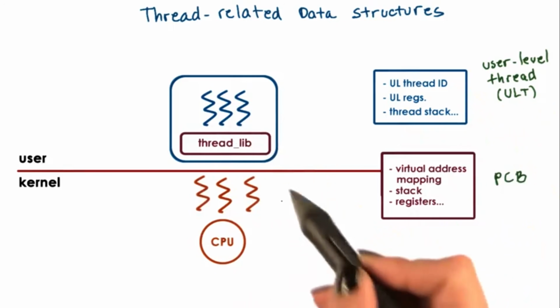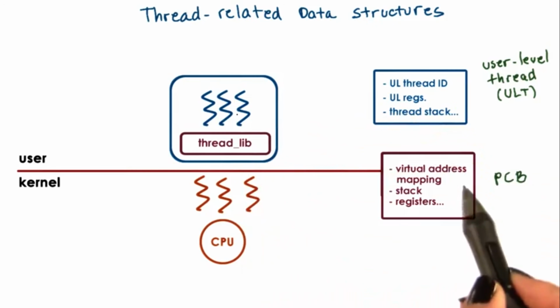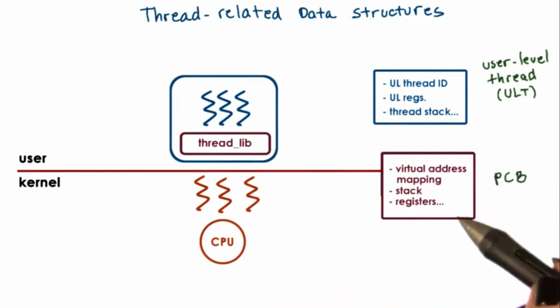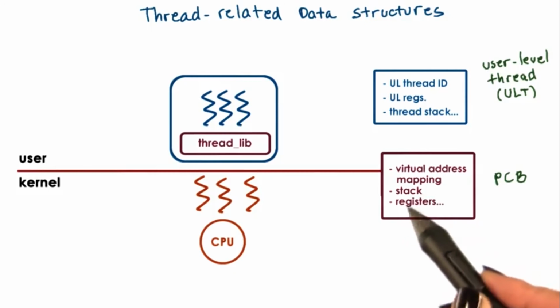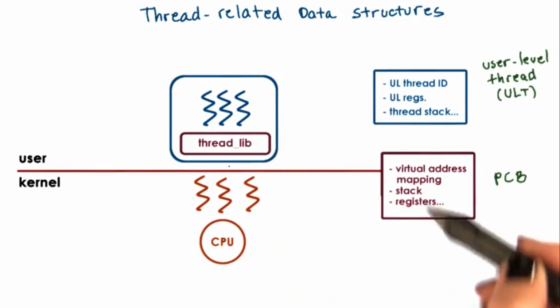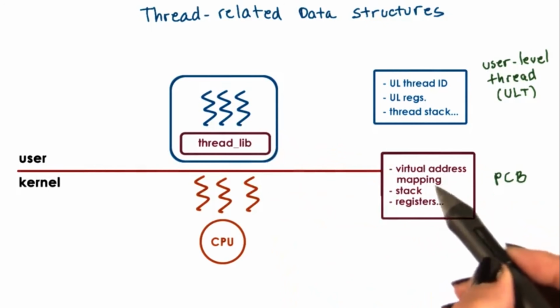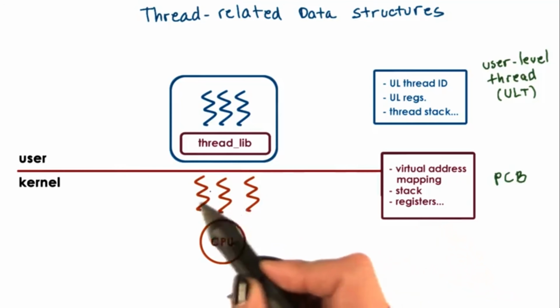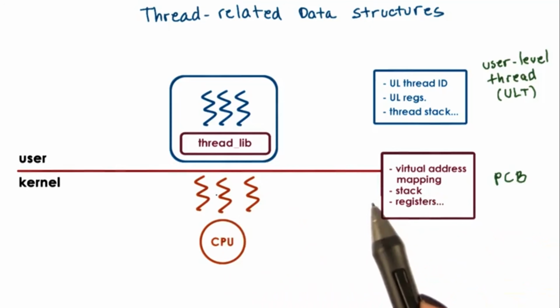If we want there to be multiple kernel-level threads associated with this process, we see that currently we have the process control block containing all the virtual address mappings as well as the execution state of the process thread. We don't want to have to replicate this entire data structure with all this information just so as to represent different stack and register values for the kernel-level entities.